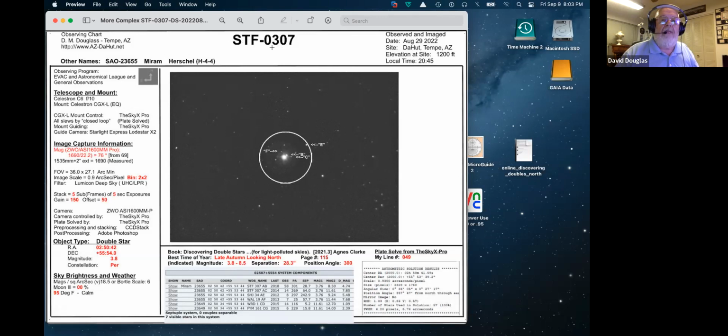This up here, the STF 307, is the physical name for this group and body of stars. It would be the equivalent of saying NGC for a galaxy or an open cluster or a globular. This is STF 307, Struve 307. And these are the stars that are measured continually, and it becomes important.